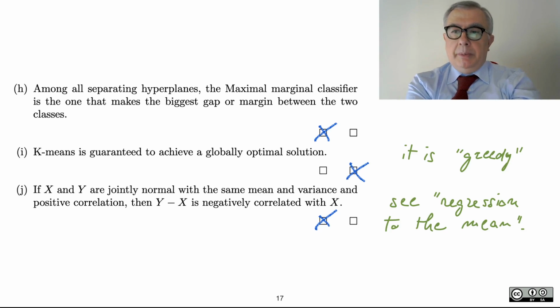So at each step, it tries to make as much progress as possible, but in this way, it could well happen that it is stuck in some solution that is locally optimal but not globally optimal. Therefore, there is no guarantee that k-means will achieve a globally optimal solution, and we also gave examples.